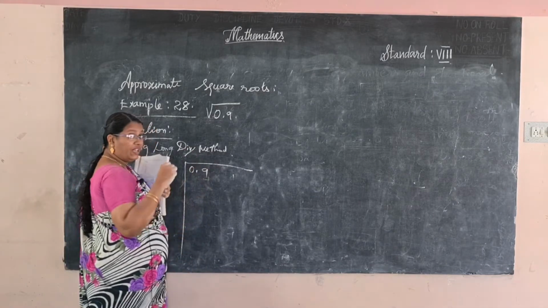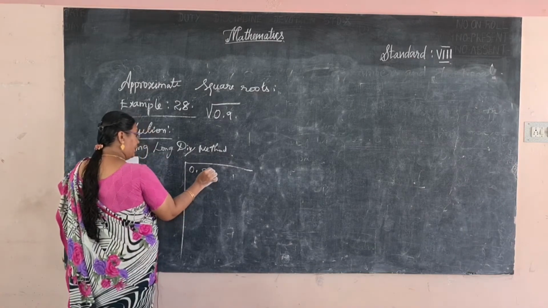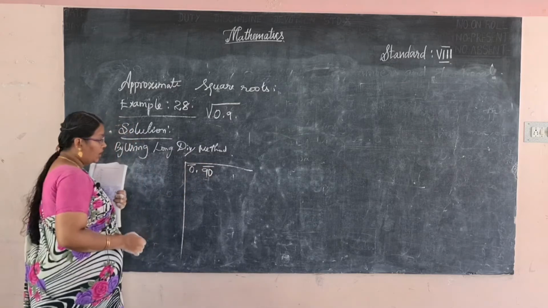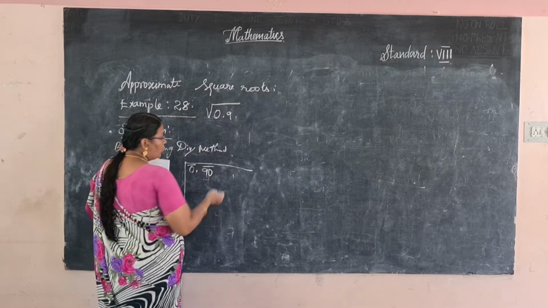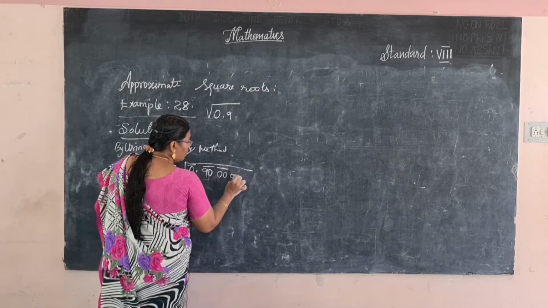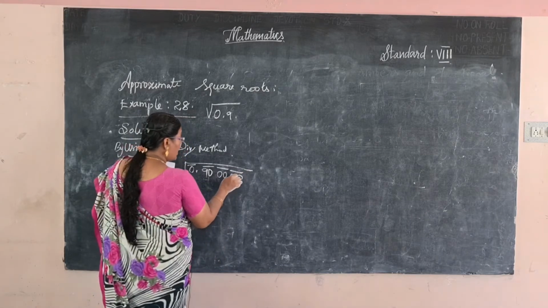So we have to divide into pairs. Here there is no pair, so add 0. Next, is there any number here? No. So in this place add pairs of zeros.